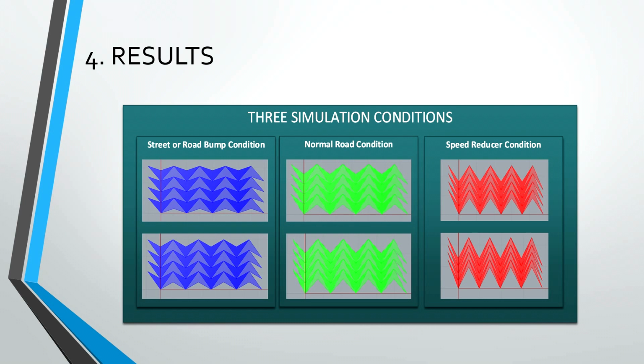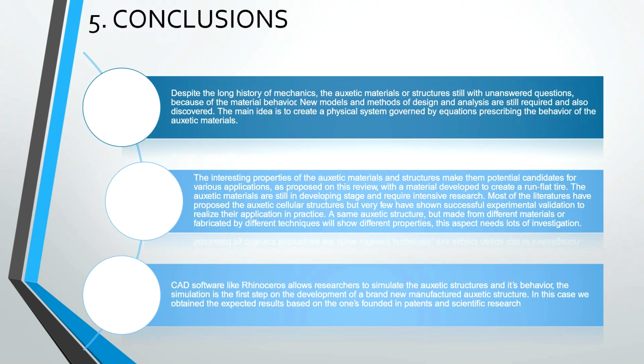In normal road condition, we have a variation of the angle that simulates when the car and the wheel are in normal contact with the ground. And with the speed reducer condition, we have a narrower structure, so it can absorb all the force that we can generate when we pass across the speed reducer.